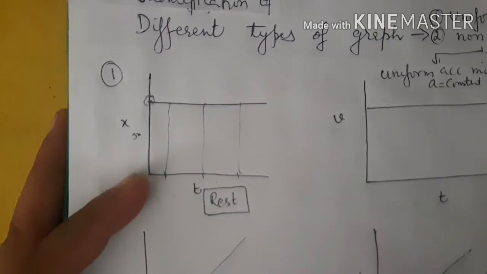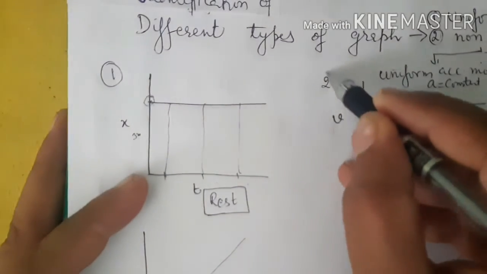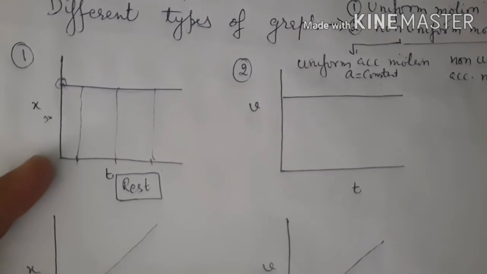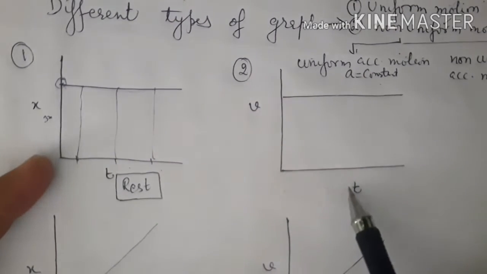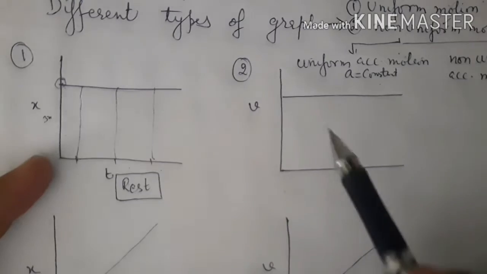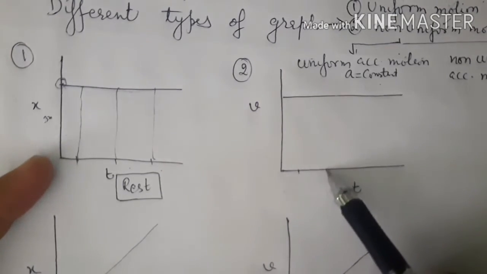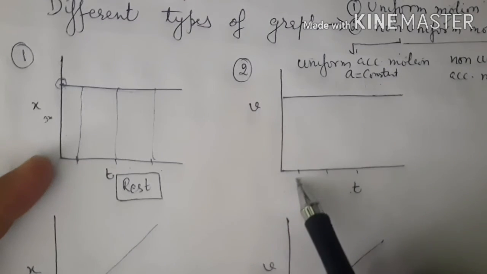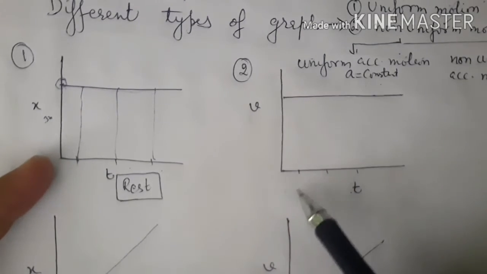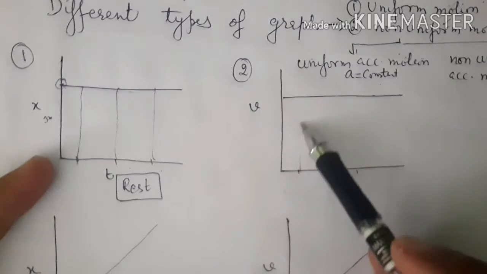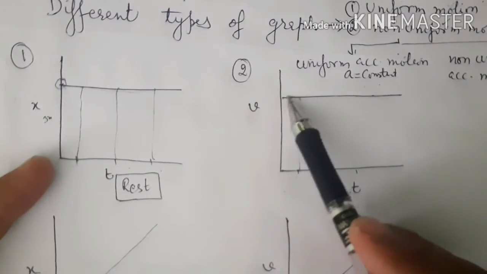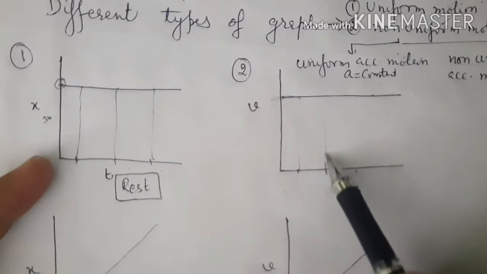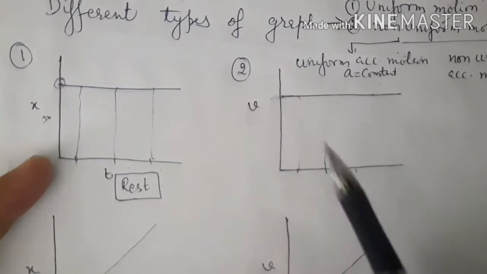Now identify the second graph. In this second graph, you can see it is a graph between velocity and time. Here also, at different times the velocity of the particle is the same. At any time we take, the velocity is this much, and at another time the velocity again comes out to be the same.